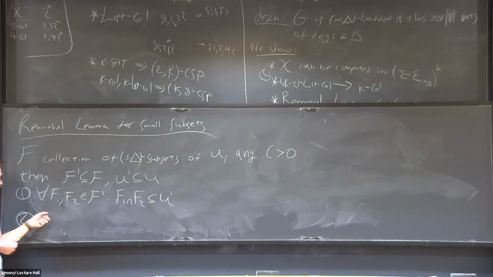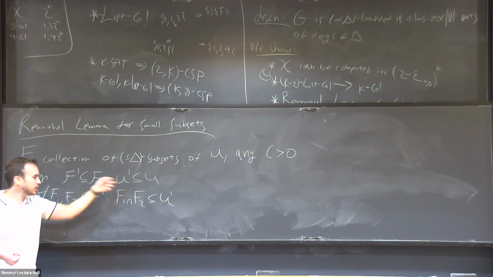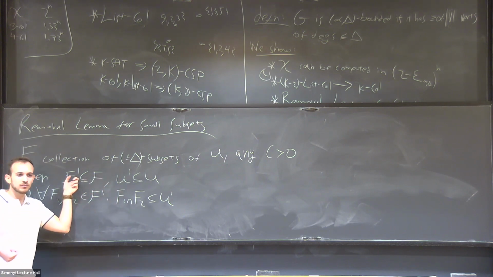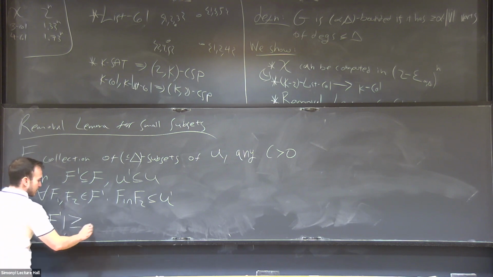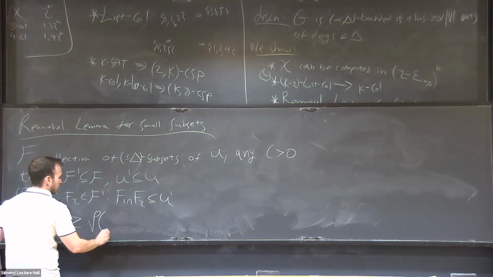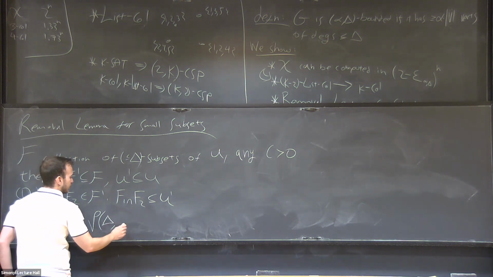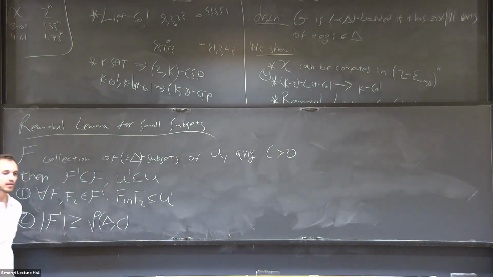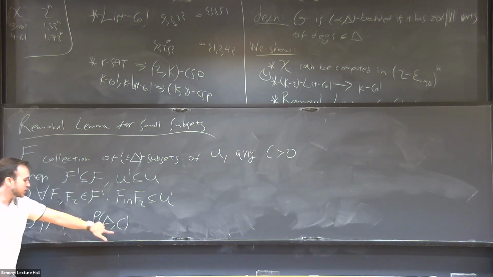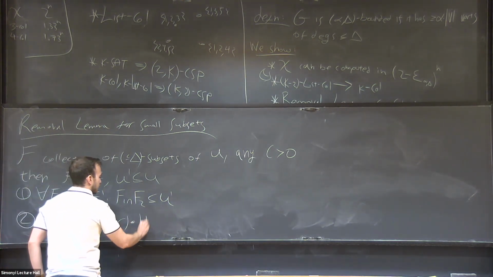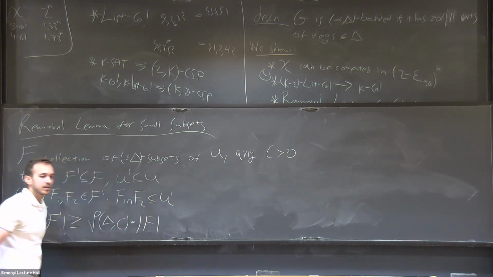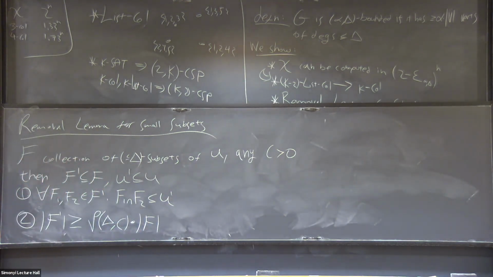Now the second condition is that U prime is very, very small and that F prime is very, very large. The exact statement is the following. The size of the sub-collection is at least some function of delta and C, but if both of them are constant, then this is going to be a constant as well, times the size of the original collection.